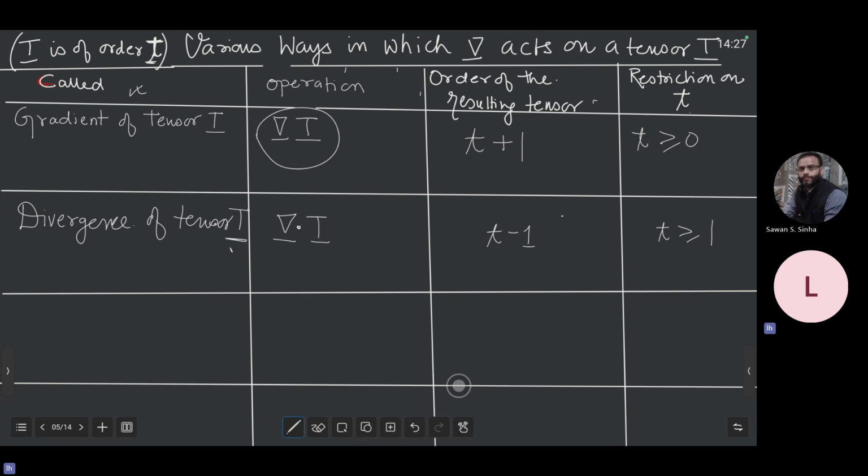All right. Third one, Laplacian. It's called the Laplacian of tensor T. What is the operation? This is the operation. First two dels dot with each other, and then whatever is the resulting operator, that is going to act on T. Symbolically, sometimes we write this as del square T, but mathematically it means this.